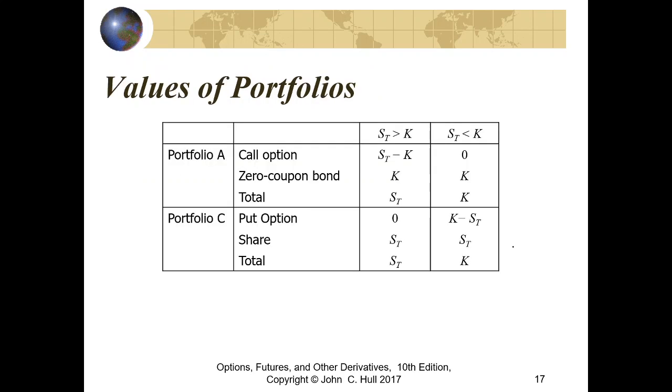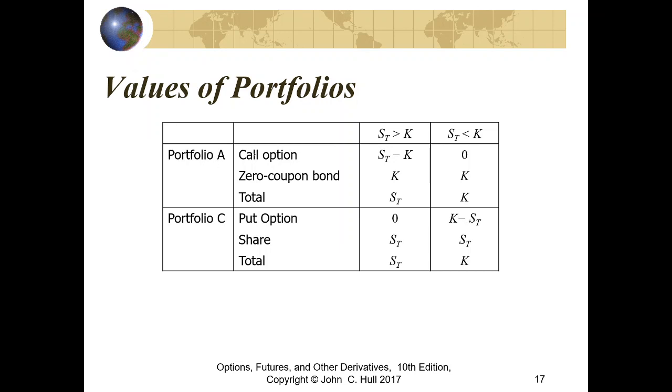Let's examine the behavior of these two portfolios under two different ranges of prices. Since we are dealing with options, the underlying stock price will be either greater than K or lower than K. In the first case, the underlying spot price is higher than K at maturity.